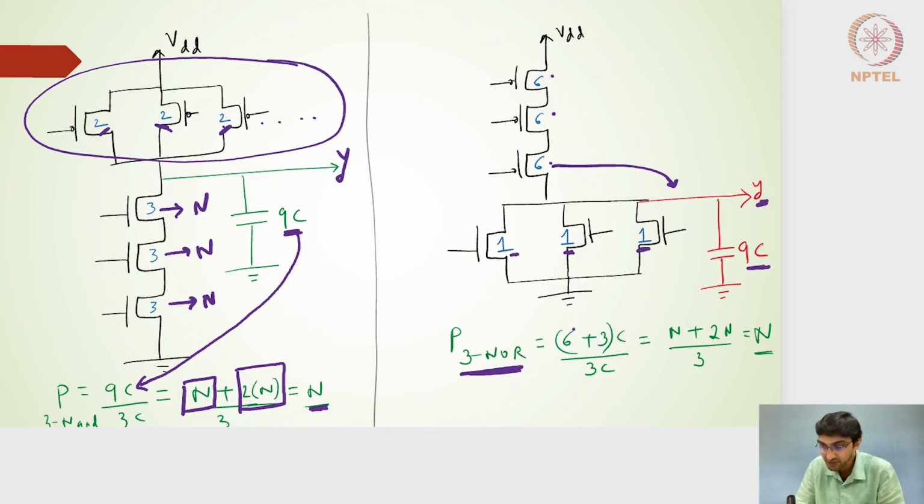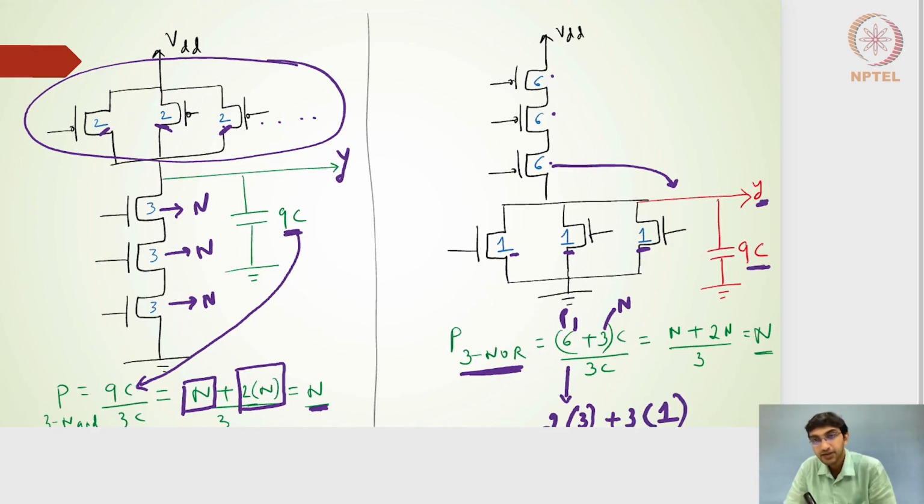Right, so 6 is coming from the PMOS side, and 3 is coming from the NMOS side, divided by 3C. This 6 is actually coming from twice the number of inputs, so the 3 inputs, plus this 3 is coming from 3 transistors multiplied by the size of 1. And then divided by 3C from the inverter, the 2:1 benchmark inverter.